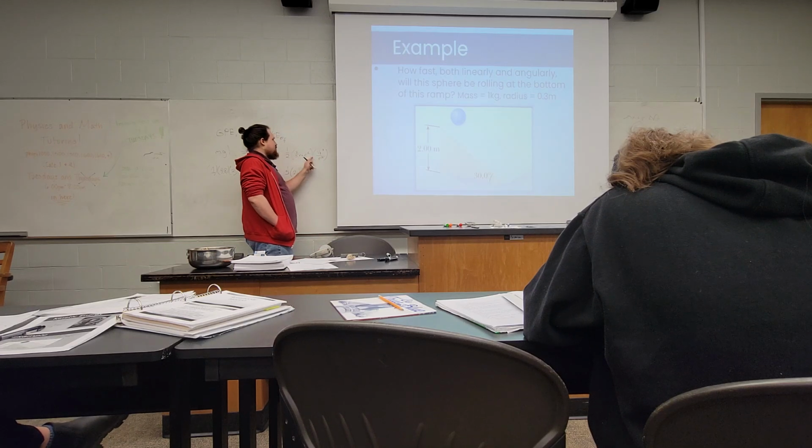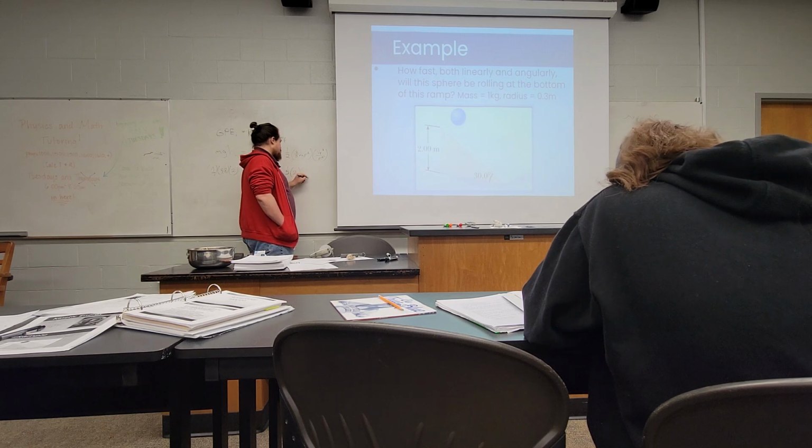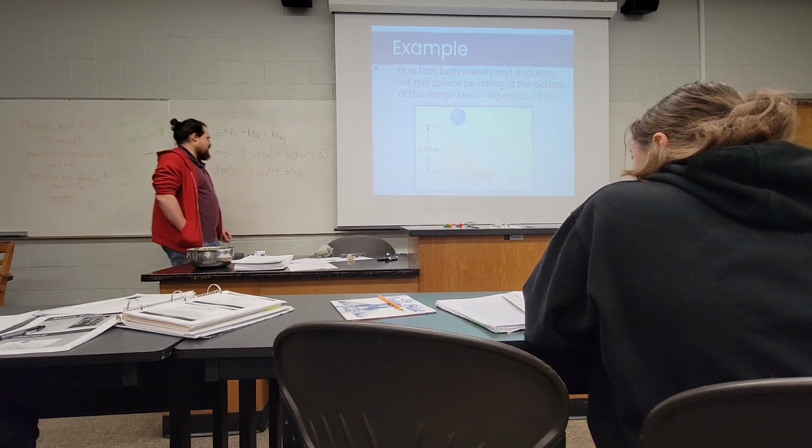The r's canceled out because they're both squared and one's in the denominator, so that just leaves the v final squared again in that term.